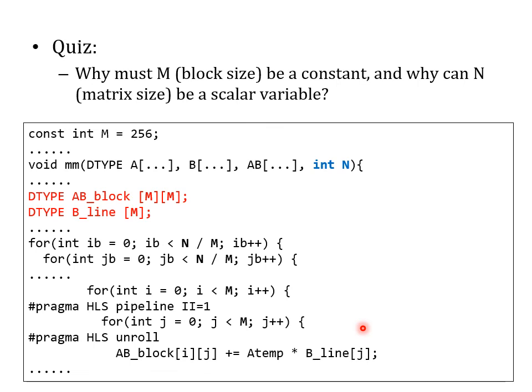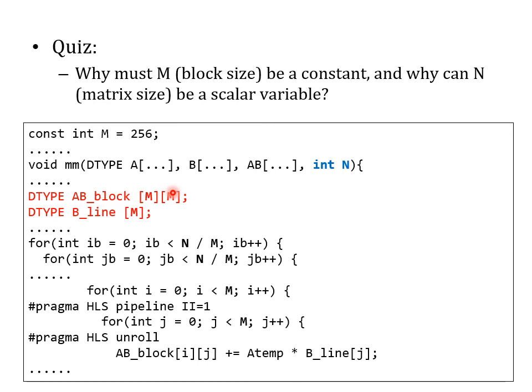The compiler has to know how many PEs and how many BRAMs it's going to utilize before it generates a bitstream. So the unrolling factor and the partitioning factor, that is M, has to be fixed to a constant, and only then the Vitis compiler can generate an FPGA bitstream for you. Okay, makes sense?